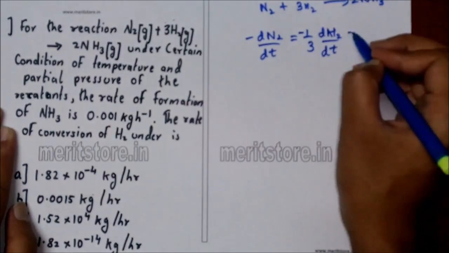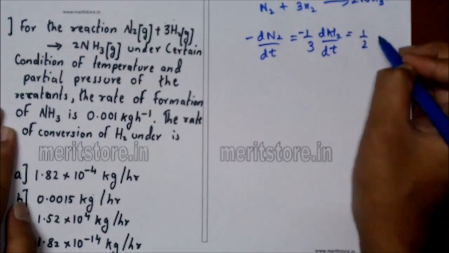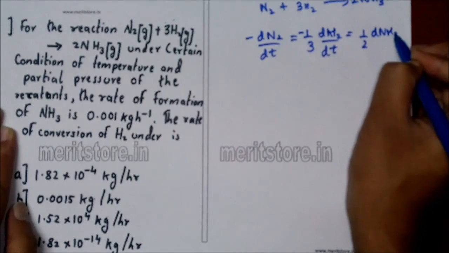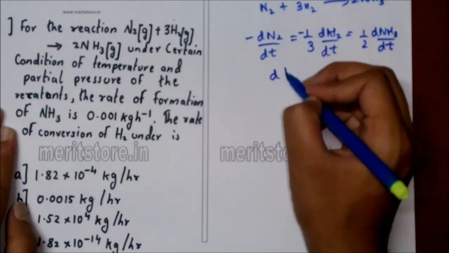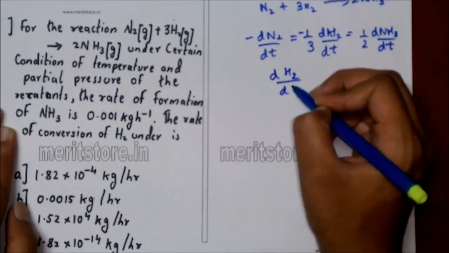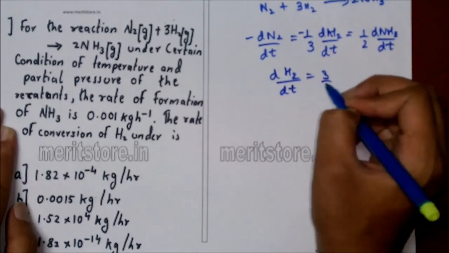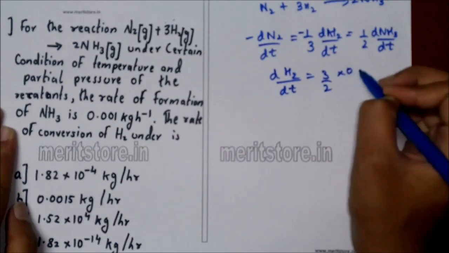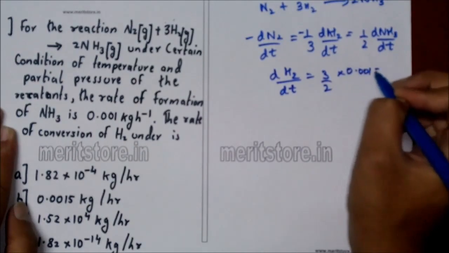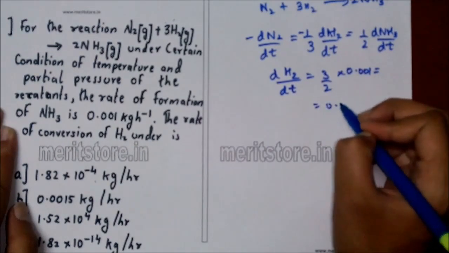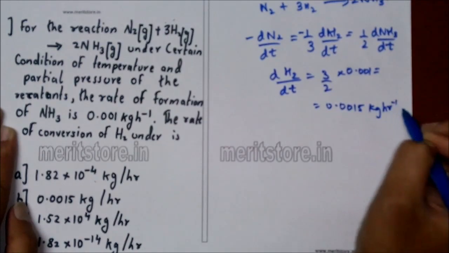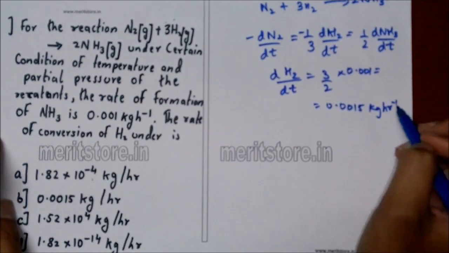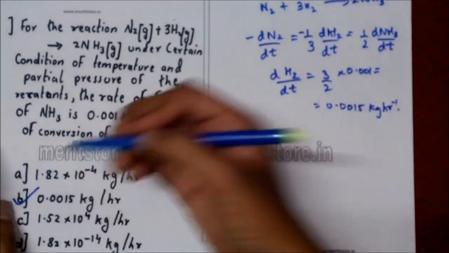Here will be a minus sign as both are reactants, and the product will be d ammonia upon dt. So the rate of hydrogen dissociation is equal to 3 by 2 into 0.001, which is equal to 0.0015 kg per hour is the given answer. So option B is the correct answer.